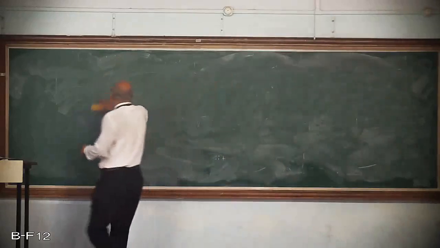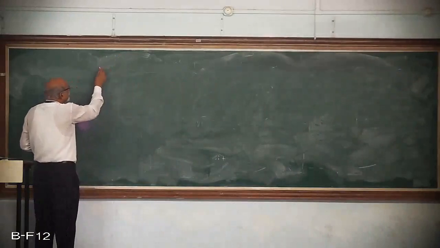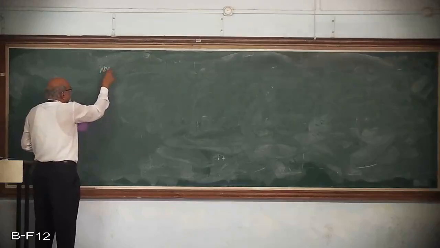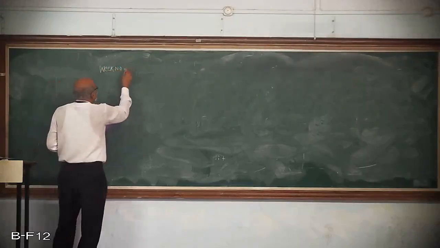Okay. Now, what are the things given? Some 19 observations. So those he mentions as week number, week number 1, likewise.